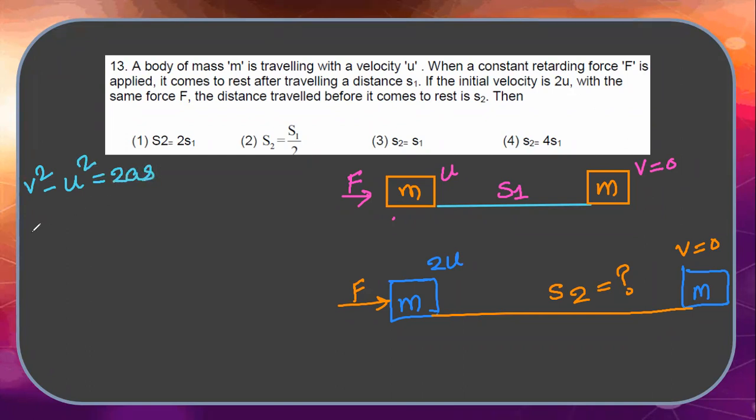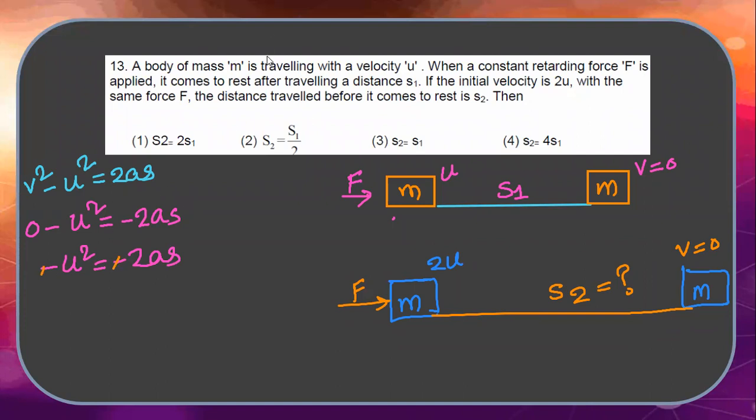As the final velocity is equal to 0, 0 minus u square is equal to 2as, but when the velocity is decreasing, the acceleration is called negative acceleration. So 0 minus u square is equal to minus 2as. Both sides will cancel the minus.